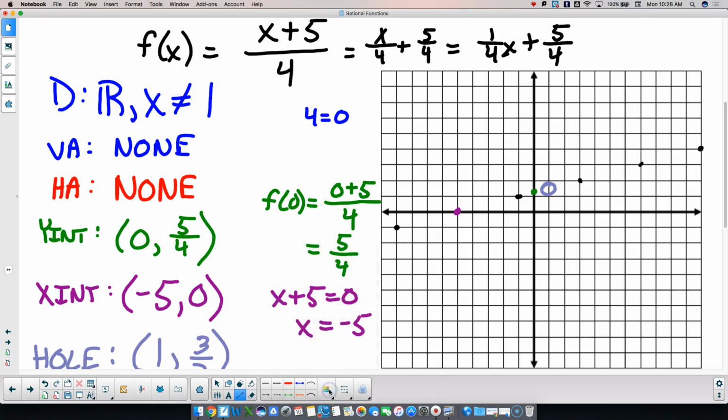Then I'm going to start at my hole because that's just how my arrows work. We make sure we don't fill in our hole. Okay?